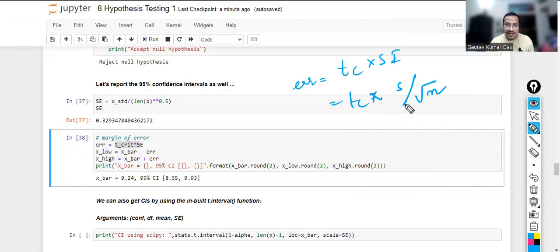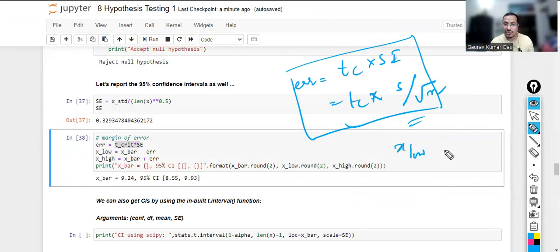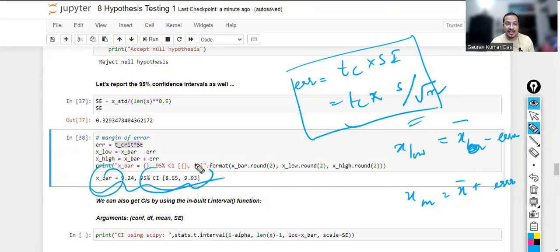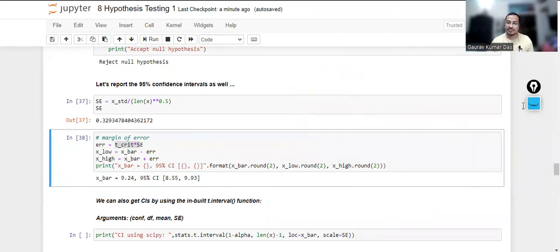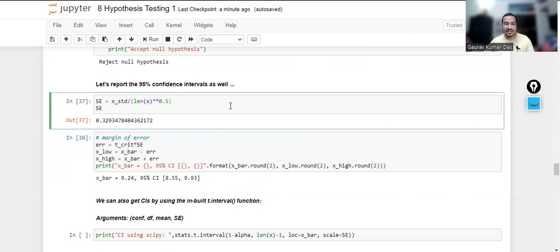Okay, once I have this, next I'll calculate the lower threshold, given by x bar, the sample mean, minus this error, and x high will be x bar plus error. That's it. Once I have this, this is my x bar and this is my 95% confidence interval. Okay, within this interval, I'll be 95% confident that my hypothesis conclusion is correct.